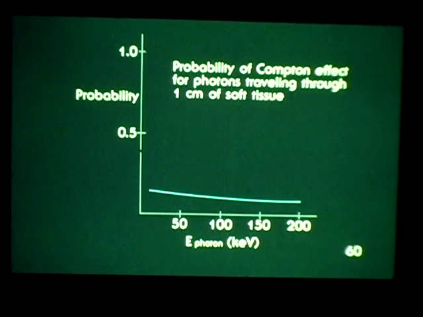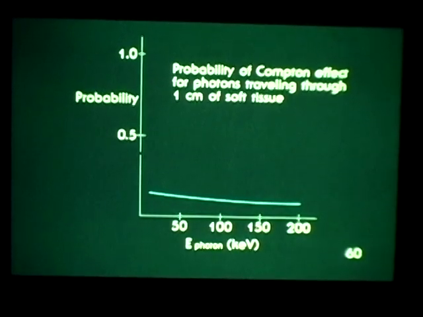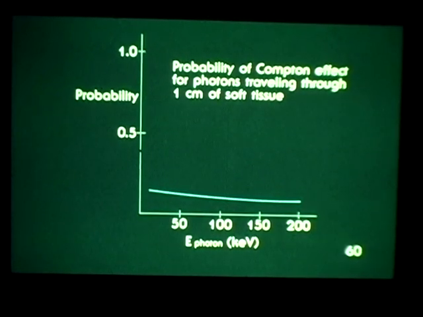Number 60. This green line on this graph shows the probability that a Compton interaction will occur as a photon travels through 1 centimeter of soft tissue. Notice on the left part of this chart that the probability is not nearly as great at low energy as was the probability of a photoelectric interaction on the previous chart. Observe that the probability decreases only slightly as the photon energy increases.